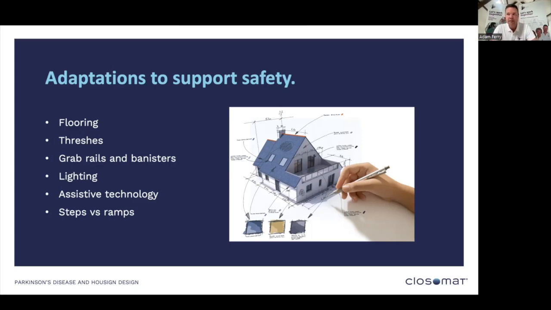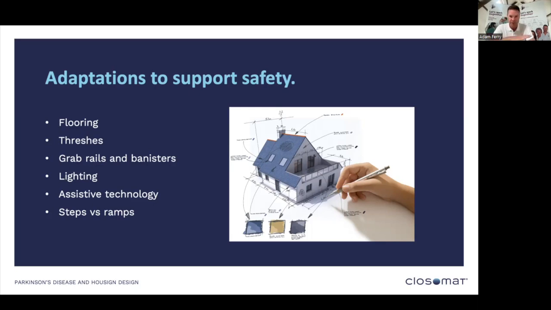So flooring that is neutral, isn't mixed with other colours, so it's a block colour and runs through as much of that floor as possible, the better. Ideally, you don't want different colours or carpets or anti-slip flooring in every single room, because that maximizes the number of thresholds the person has to deal with.